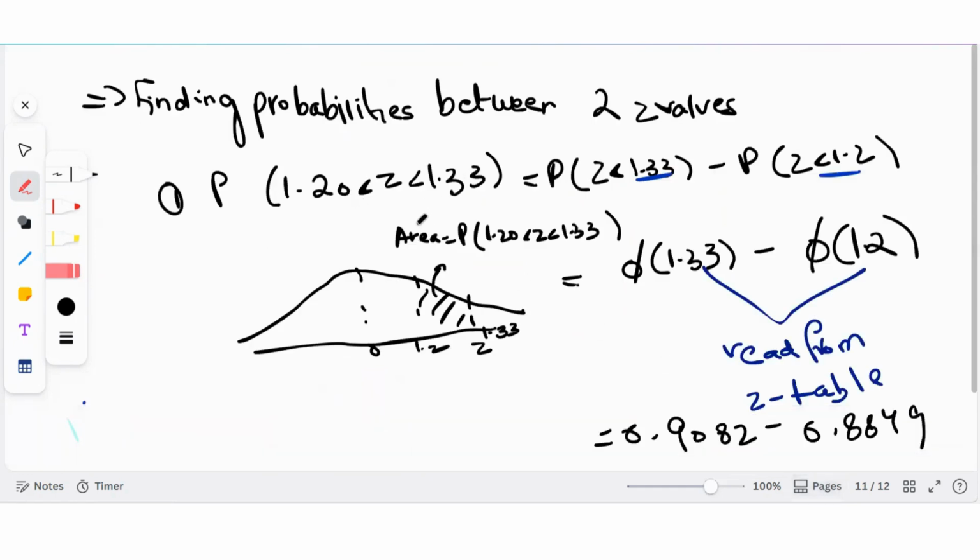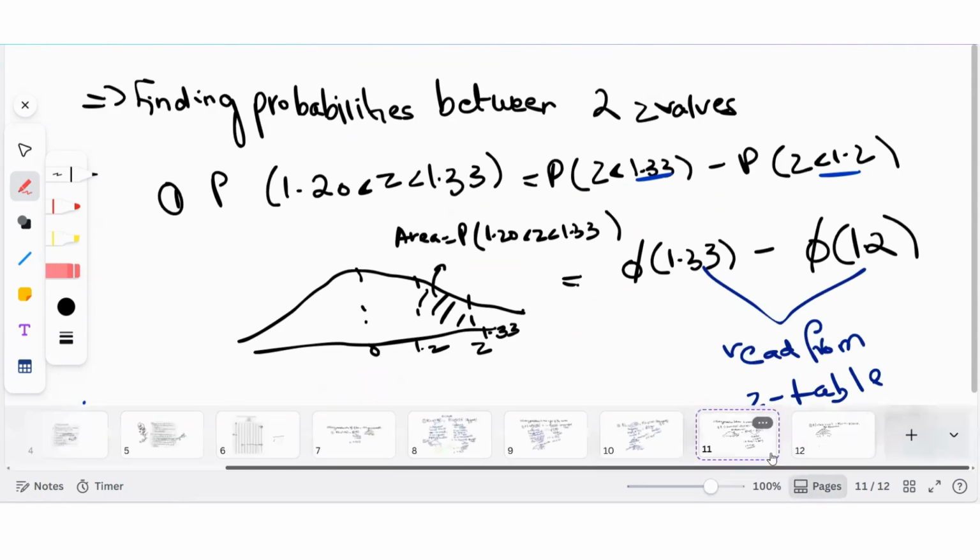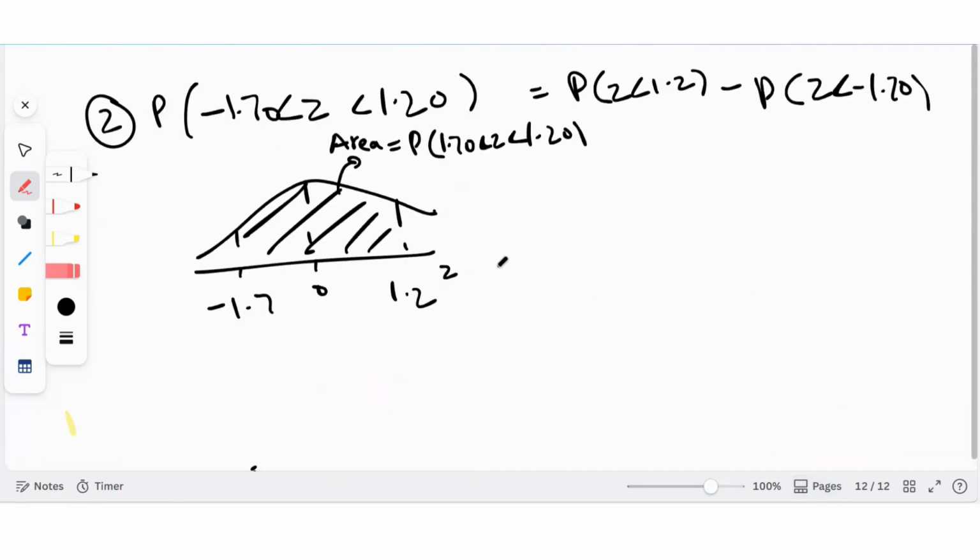Probability z is between 1.2 and 1.33 was the probability z is less than 1.33 minus probability z is less than 1.2. Similarly, probability z is between minus 1.7 and 1.2 is the probability z is less than 1.2 minus probability z is less than minus 1.7. Now this first probability is already in the form of CDF of a positive value z. I can write this as phi 1.2.